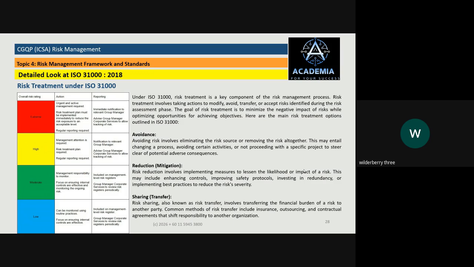You can enhance safety protocols, you can improve them, or you can invest in redundant infrastructure. For example, if you have a machinery that is running 24/7, and you have to guarantee an output of a hundred thousand pieces of a particular product, and if this machinery is breaking down, you need to have an immediate replacement.